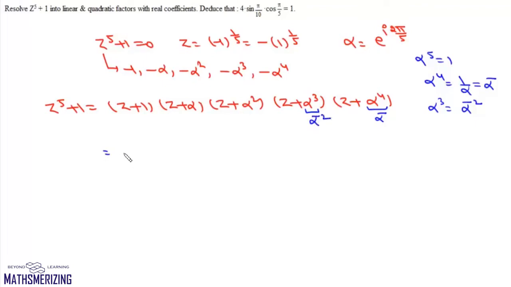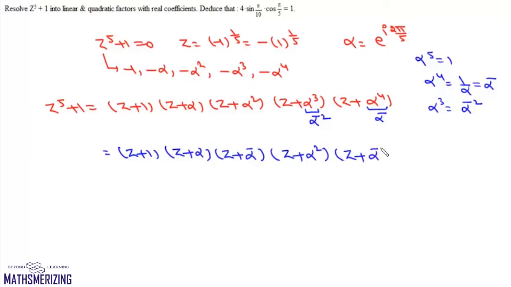So we'll write this as z plus 1 into z plus alpha bar, z plus alpha square and z plus alpha bar square. Now we'll multiply these two factors and the other two factors.